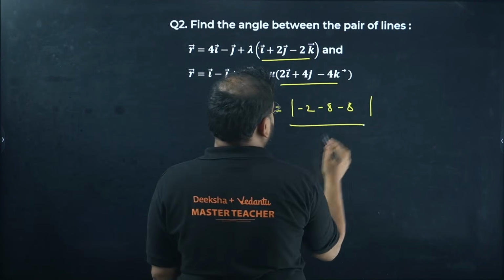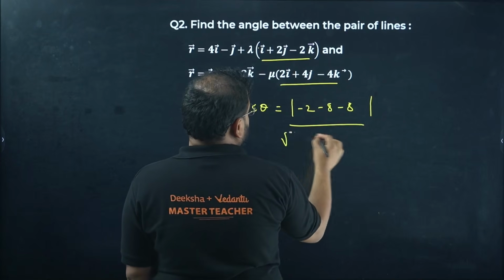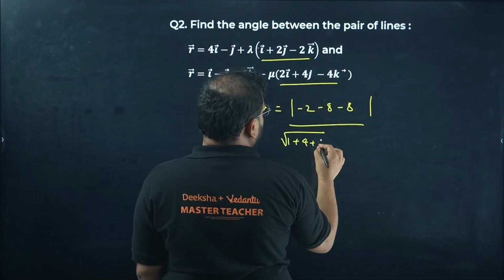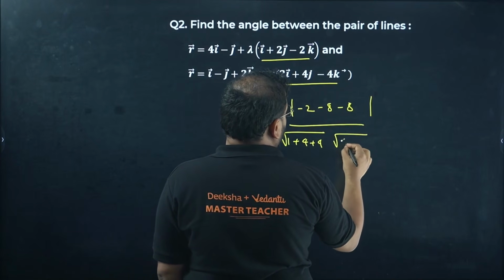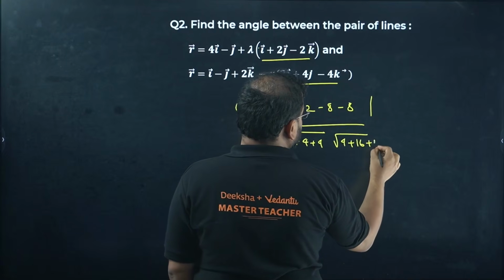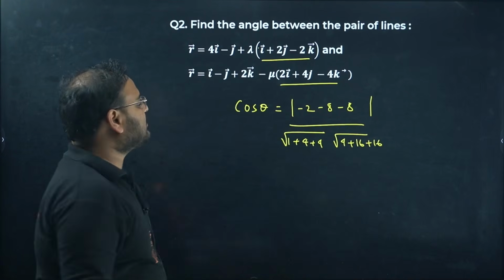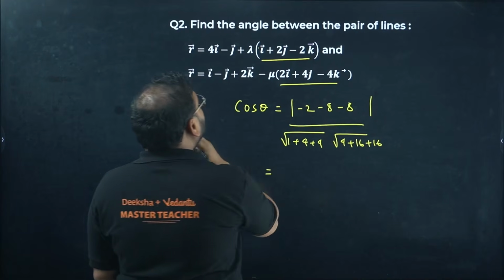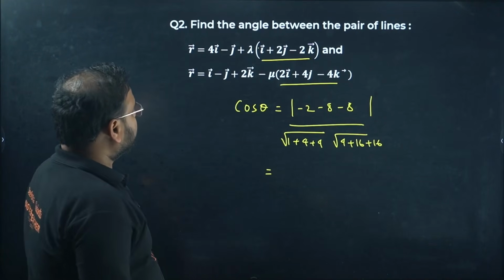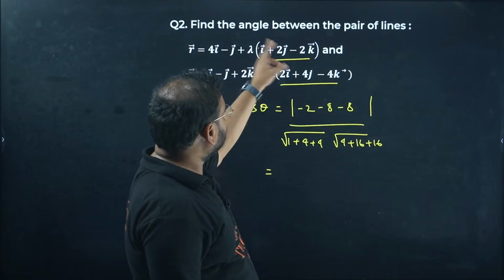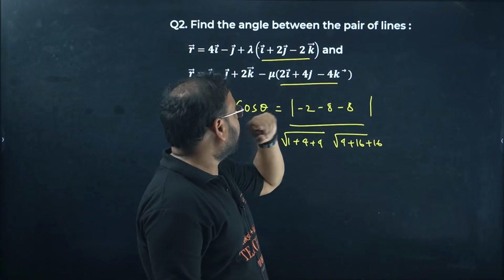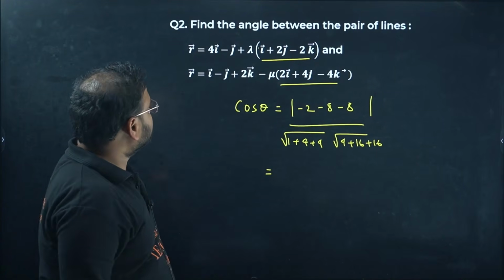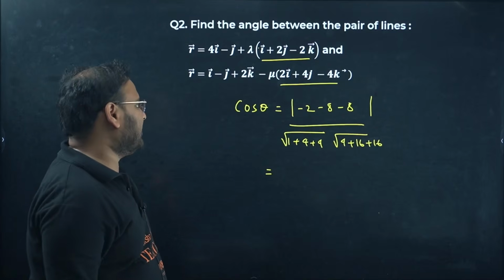Correct. Divide by the magnitudes. So we'll get here 1 plus 4 plus 4, and over here 4 plus 16 plus 16. Am I right? What am I getting? Please check. So minus 2, minus 8 and again minus 8, so minus 18.